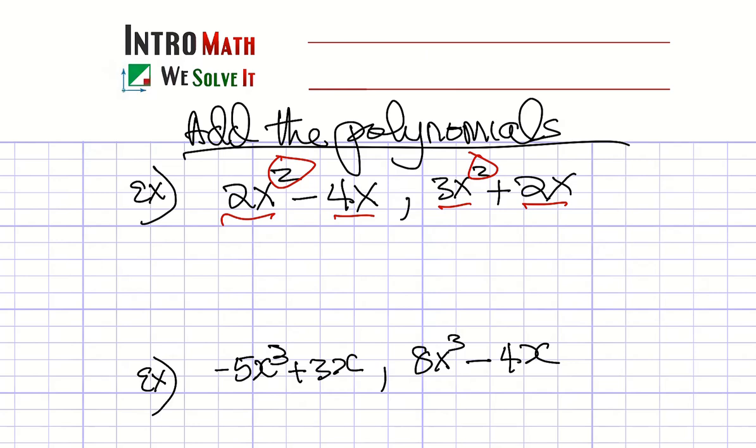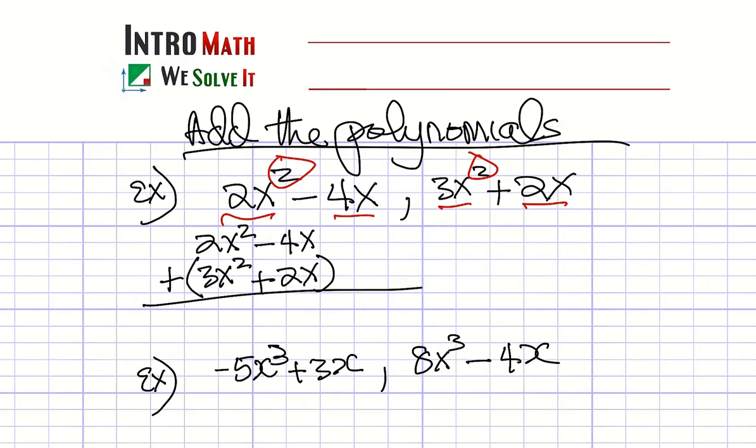Sometimes they write it like this: 2x raised to the power 2 minus 4x, and then you add this: 3x raised to the power 2 plus 2x. Sometimes they add it vertically like that. If that helps you, that's fine. You add x to x, you get negative 2x.